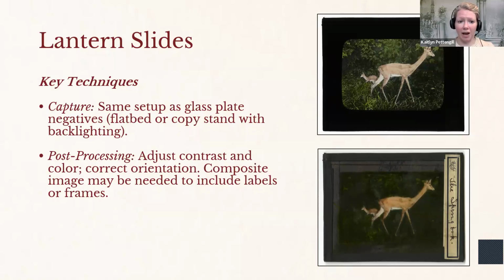So you don't just want to capture that photograph, you want to capture the whole slide as it is. So you want to get that surrounding frame as well. And there's two ways to go about doing that.